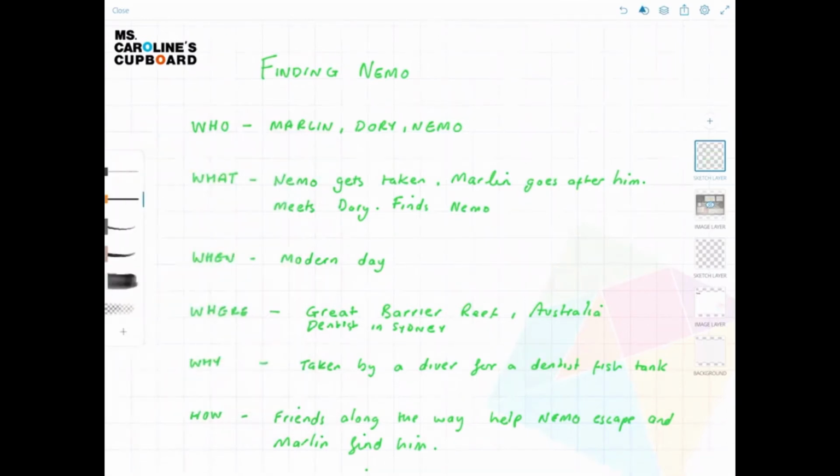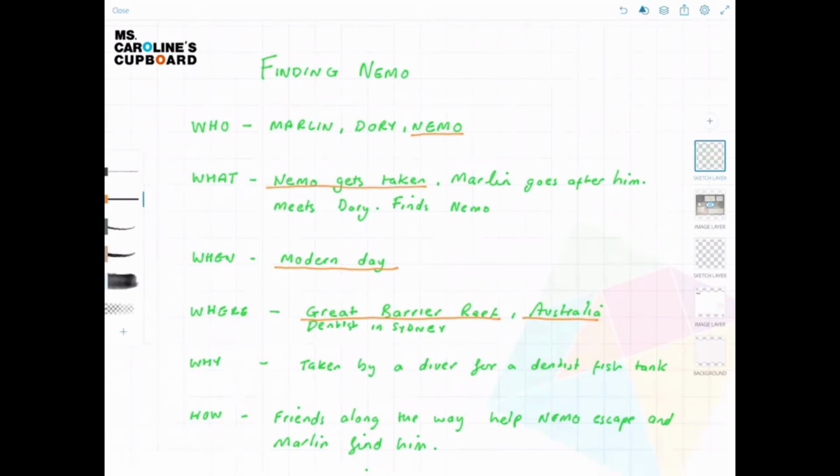So I could start off by saying this is a modern day tale set in the Great Barrier Reef of Australia. We find Marlin, or we could say Nemo, the little clownfish, goes missing or gets taken. Nemo gets taken because we've written that there.